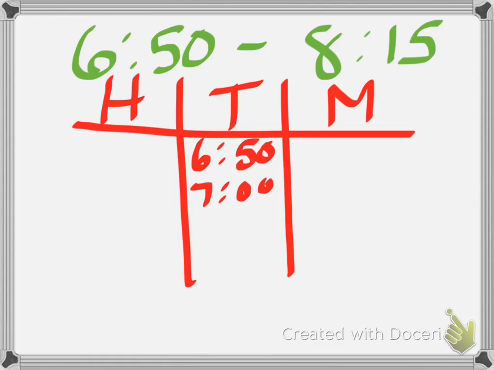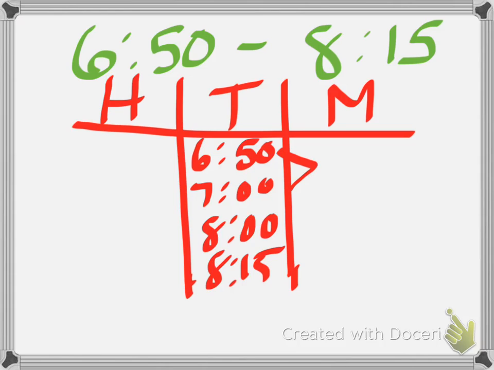Then the next hour is 8 o'clock, and our finishing time is 8:15. So from 6:50 to 7 o'clock, is that a whole hour? Nope, that's how many minutes? 10 minutes. Then from 7 to 8 o'clock, that's 1 hour.